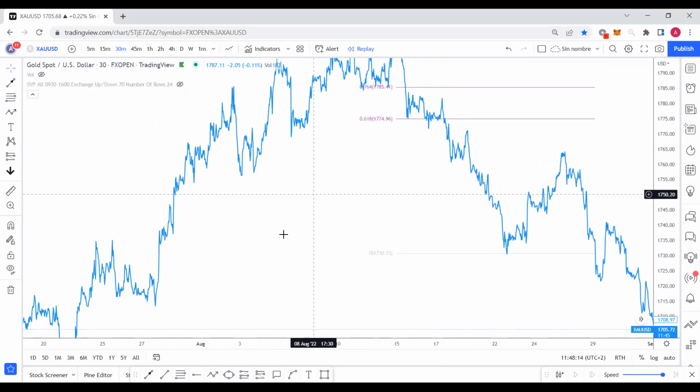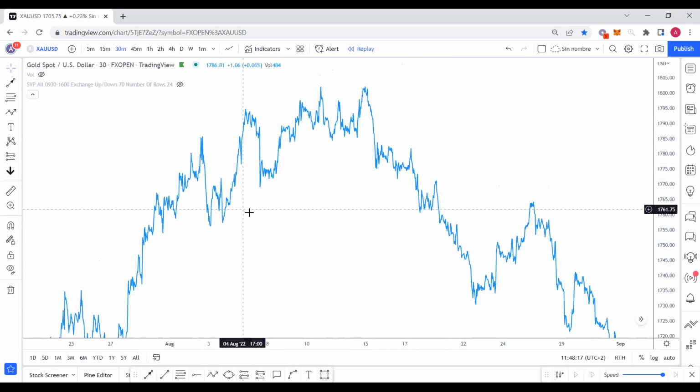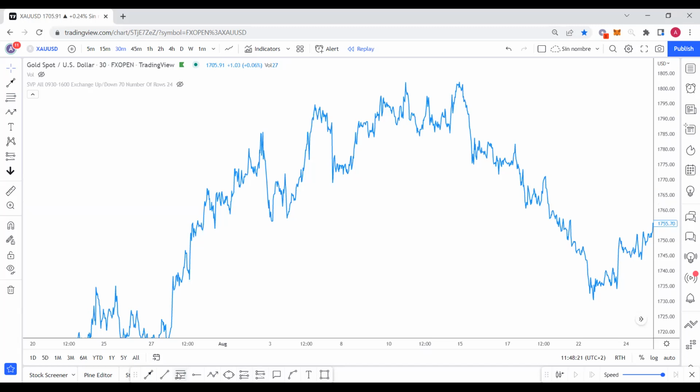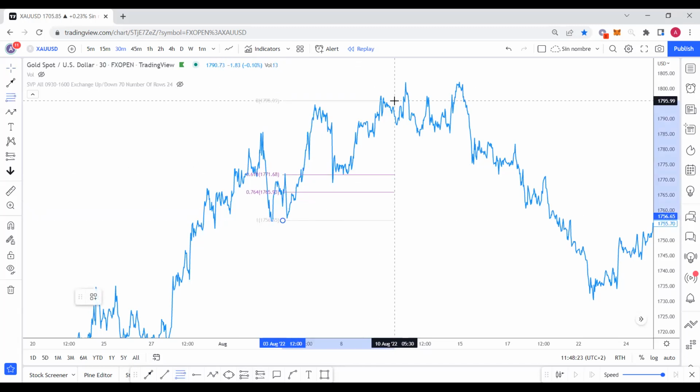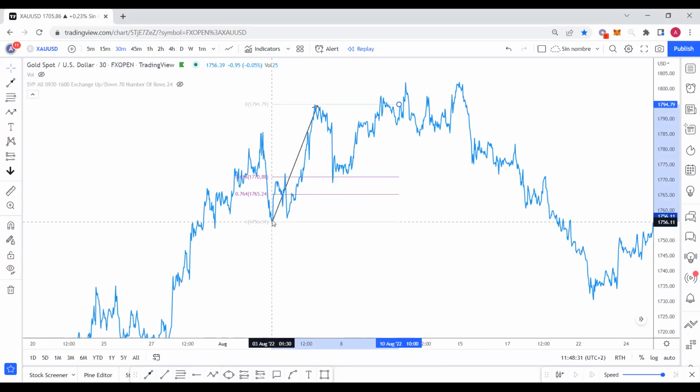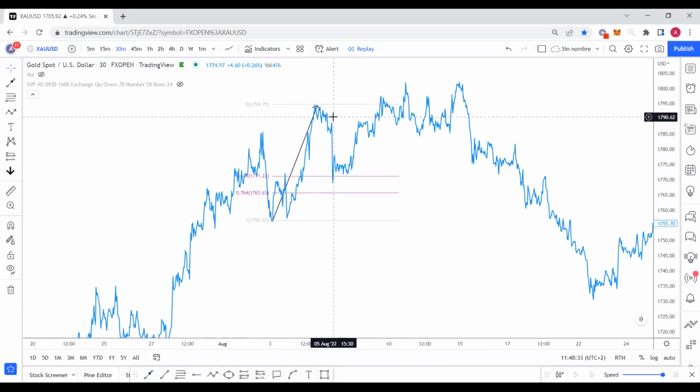Let's see if we find a clear example. For example, here we have this bullish impulse. Sorry, I drew my Fibonacci too fast. This is 100% from this price to this price, 100% of the impulse.